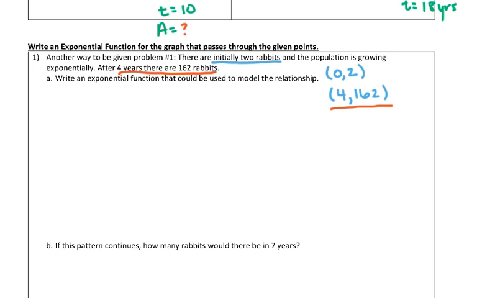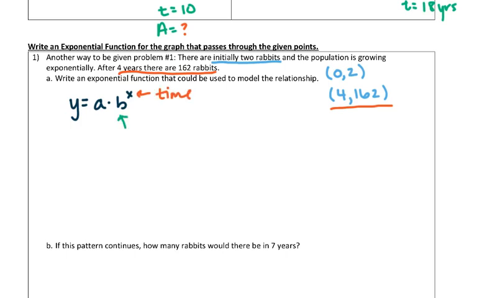All right, so then once you have those 2 points, now we can work at actually writing the function. So remember our function, the way that it is written, it's in the form of y equals a times b to the power of x. X is going to be your time. Okay.